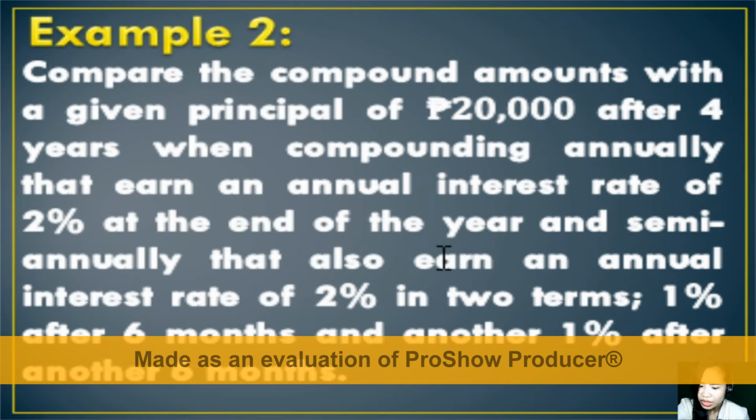In the second, it is 2% in 2 terms, 1% after 6 months and another 1% after another 6 months, meaning this is compounded semi-annually because in 1 year, it is compounded twice, right?